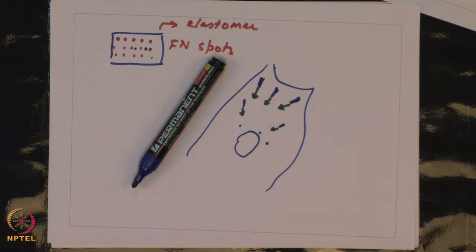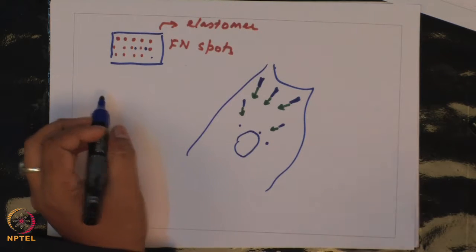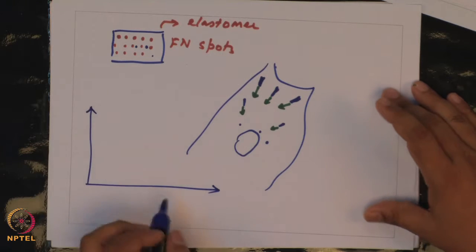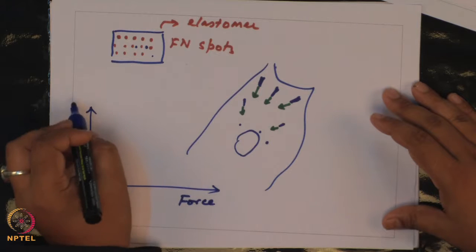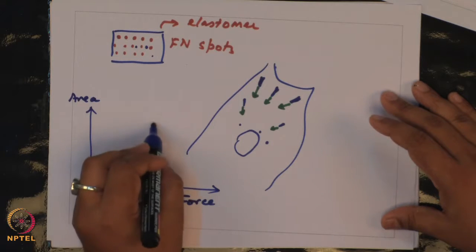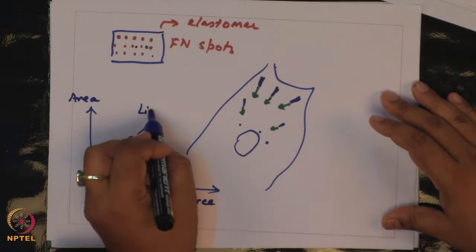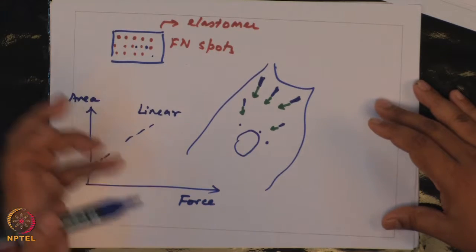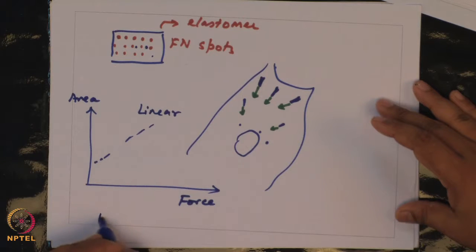What they found was that there was a linear correlation between the force that they measured at a given adhesion and the area or the size of this adhesion. This was roughly linear, suggesting that there is a correlation between force and focal adhesion size.